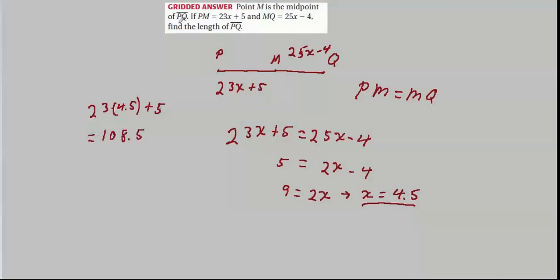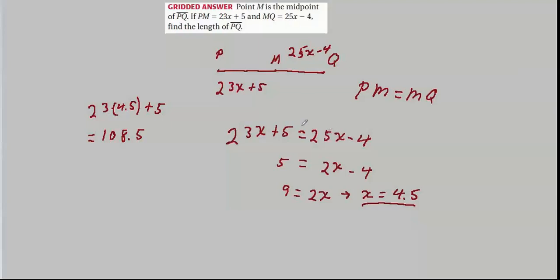Always check your work. If this is 108.5, this better be 108.5 also. Not only does it have to be true because M is the midpoint, but that's the way we set our equation up. So if these two don't turn out to be the same when we put our answer back in for x, we made a mistake.